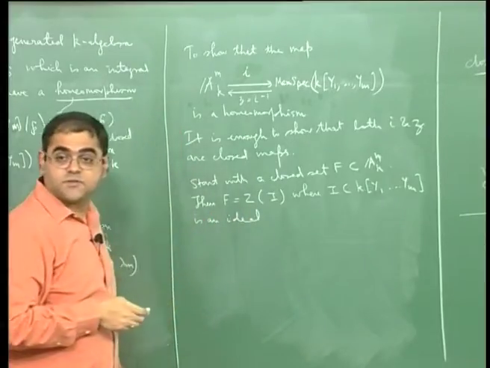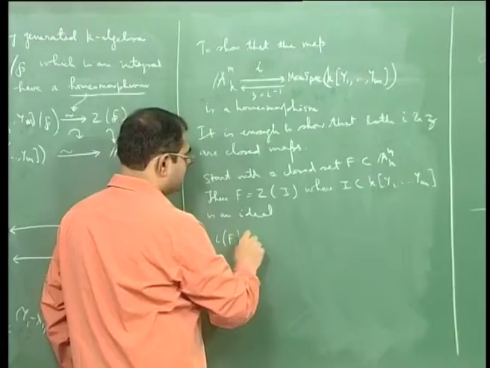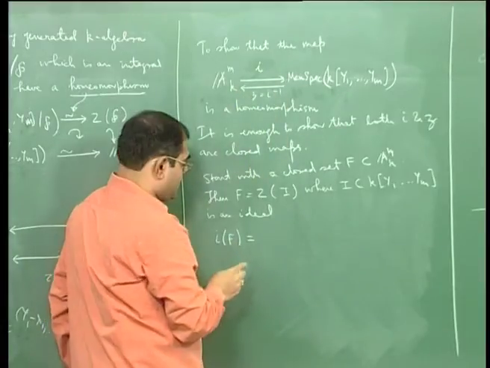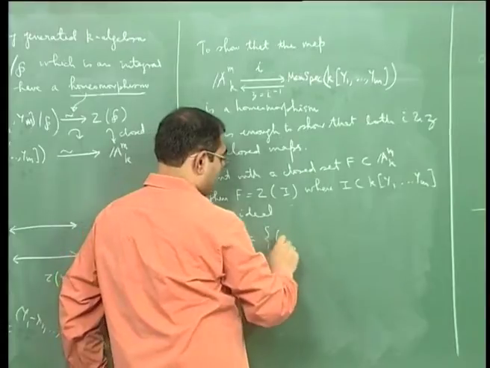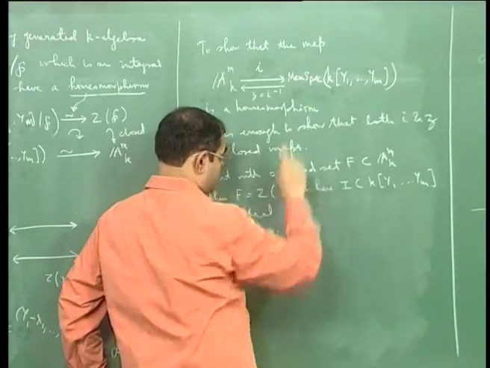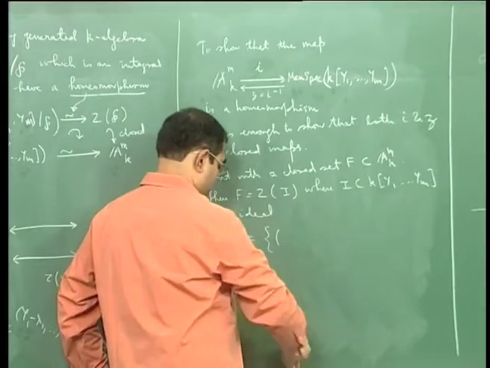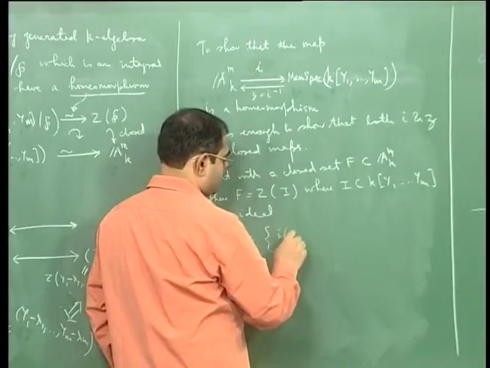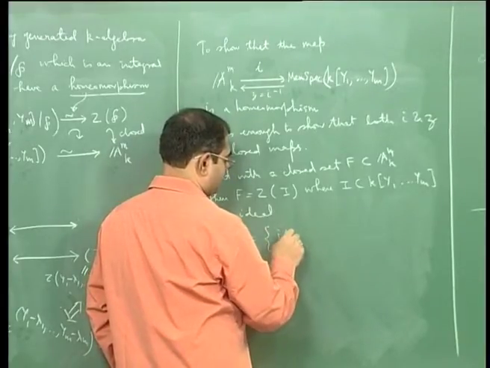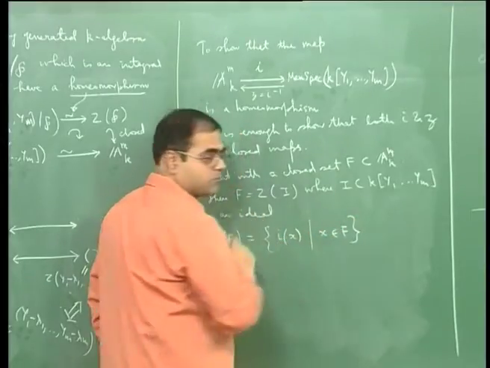This is the definition of a closed set in the Zariski topology. Now what is I of F? Let me write that. I of F is just I of x, where x belongs to F, by definition.